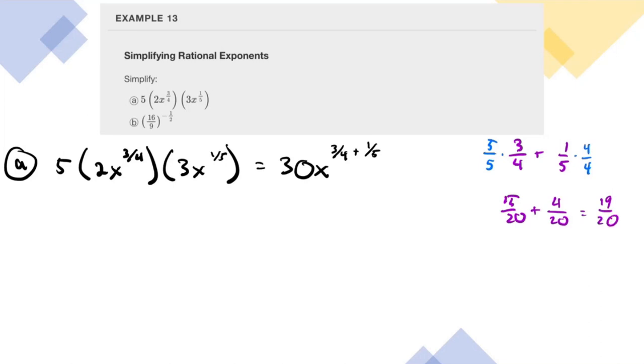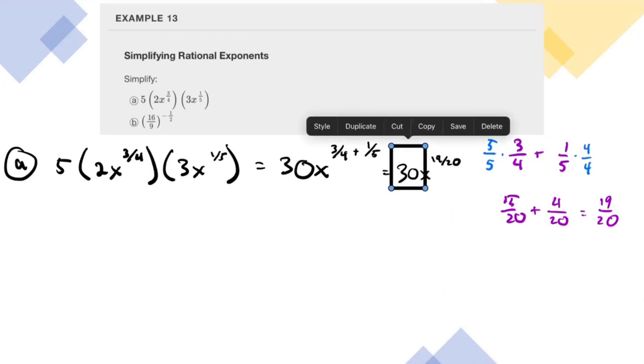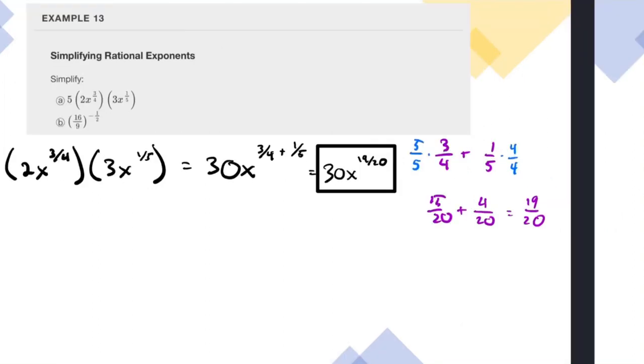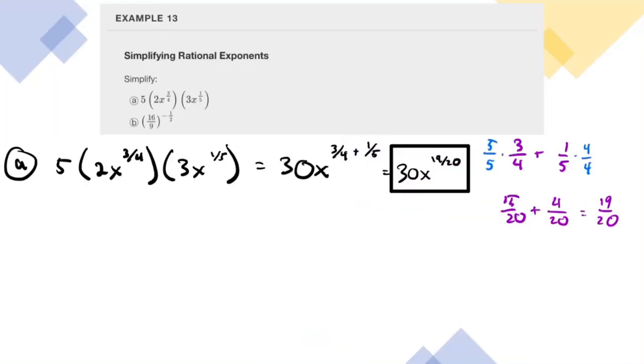So then it looks like we're going to get 30x to the power of 19 over 20. You can use your calculator, but you have to be able to keep it as a fraction. I just want to check that one. Yeah, we got it right.